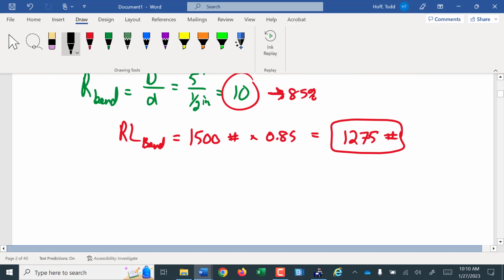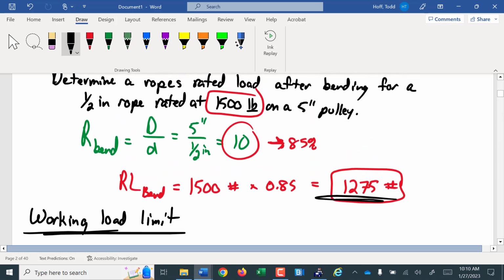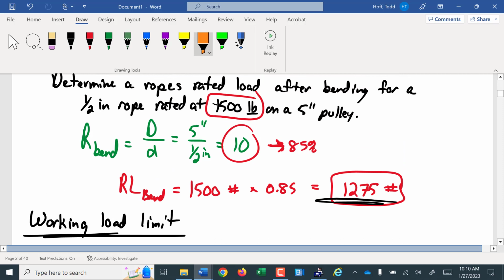So then the next step from all of this is something called a working load limit. Now what we actually found up here is really a working load limit. But how do we get to that? We said that this rope was rated at 1,500 pounds.